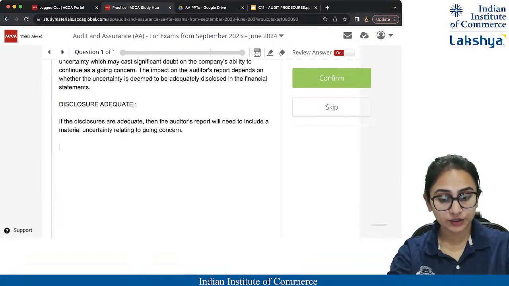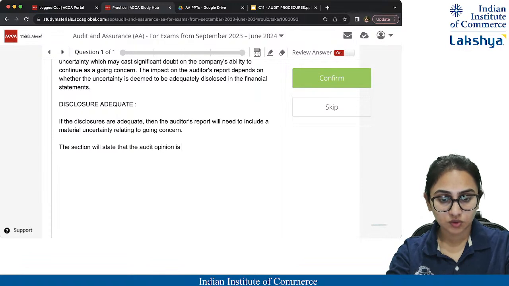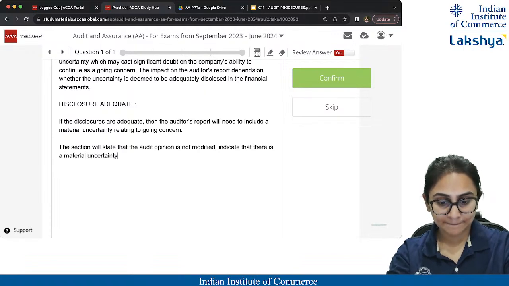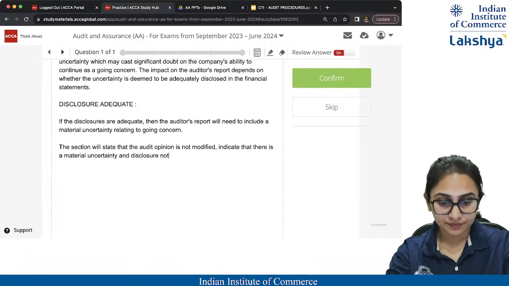Then in the same one you will write, the section will state that the audit opinion is not modified, and indicate that there is a material uncertainty related to going concern and a disclosure note also made by management, right?